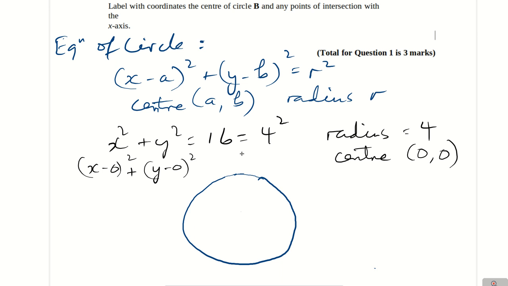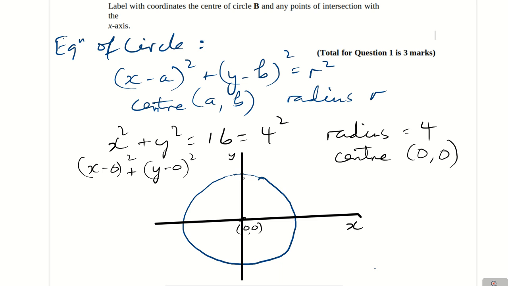So the centre's at the origin, so we're going to have a line going down like that, and then we're going to have a line going across. Okay, I'll leave it like that. That's x and that's y. So the centre is at 0, 0.